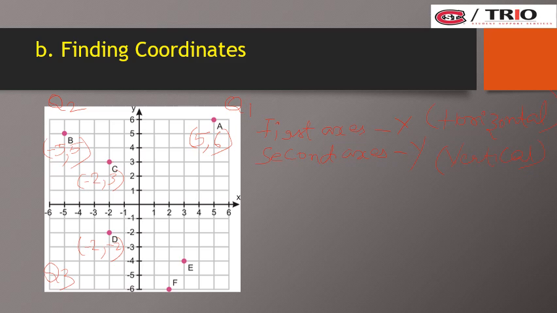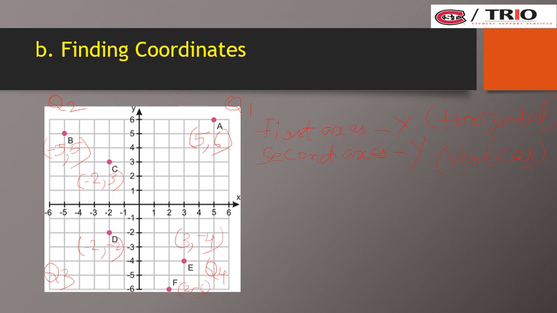Similarly for E and F in quadrant 4, for E the x value is 3 and the y value is -4. For F, the x value is 2 and the y value is -6.